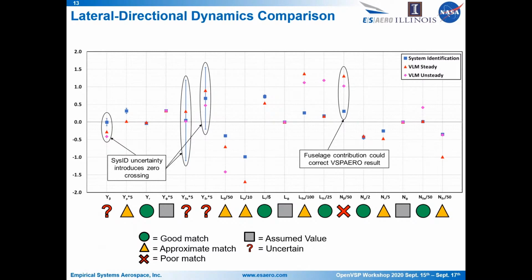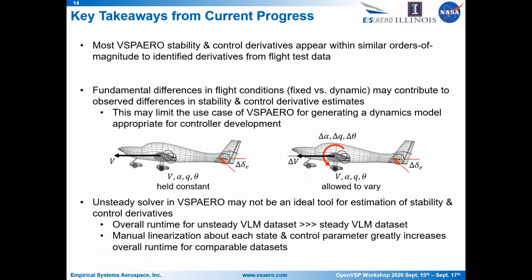So there are some conclusions about how we're modeling the aircraft in OpenVSP and VSPAERO which system identification can shed some light on as well. But again, this is all fairly work in progress.